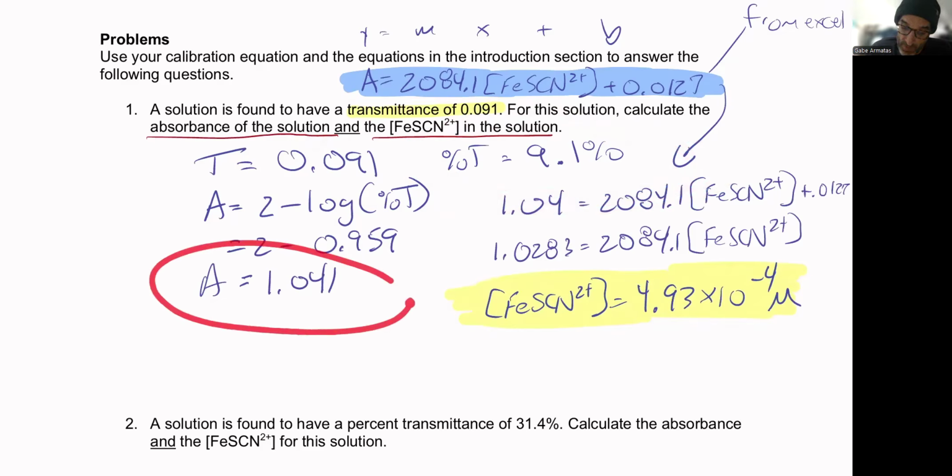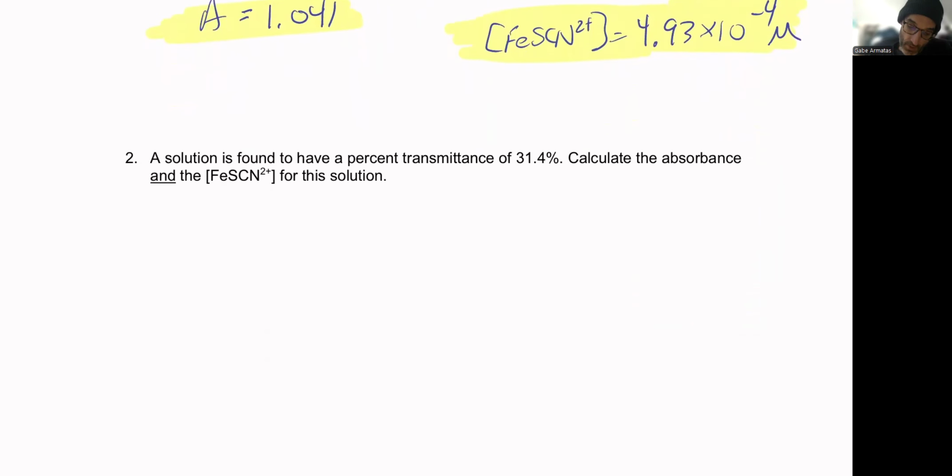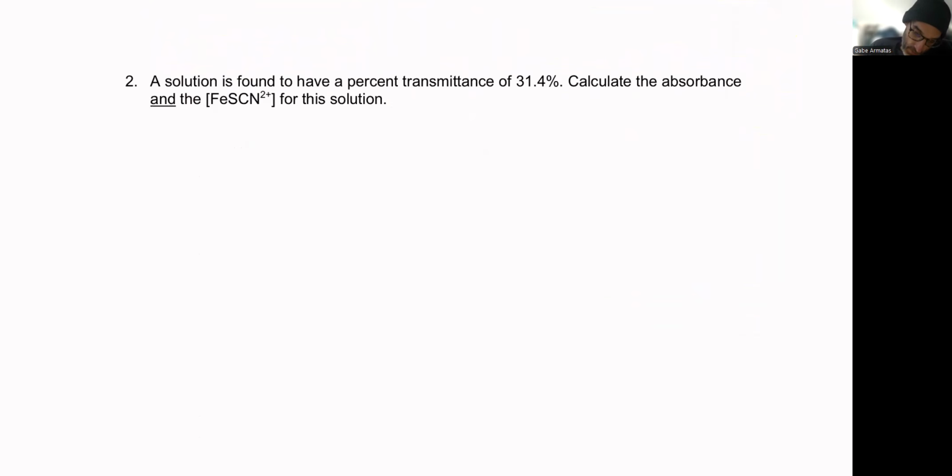So the absorbance value is 1.041. Higher the absorbance, the more absorbed light. Lower the percentage of transmittance, the more light was absorbed as well, right? They're opposite each other.